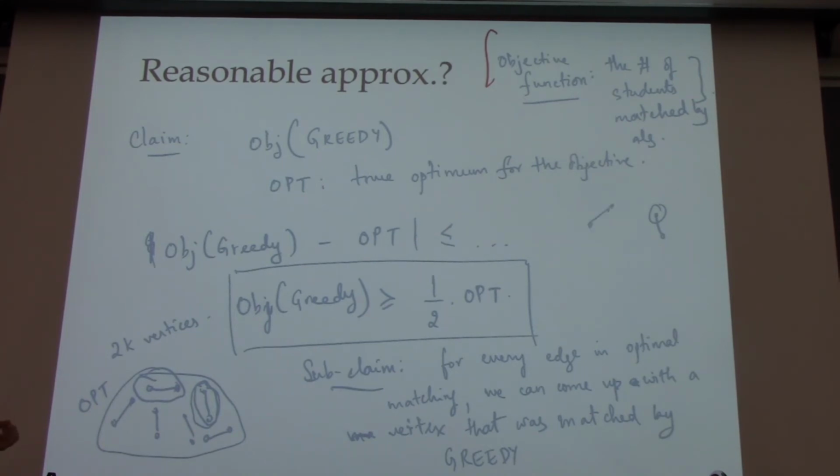So why should that be? There could be a vertex that goes outside. Remember, the way we are assuming things, we're not assuming optimum covers everything. If optimum covers everything, then you're right, there is somebody else.